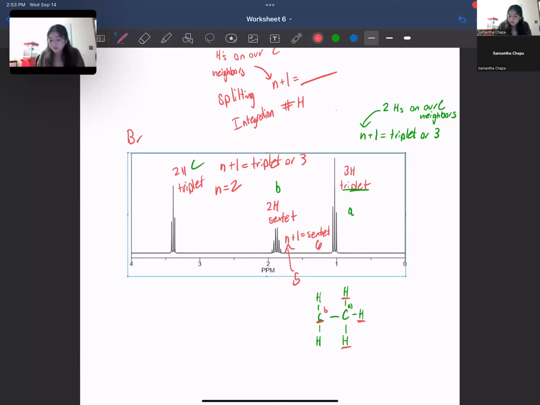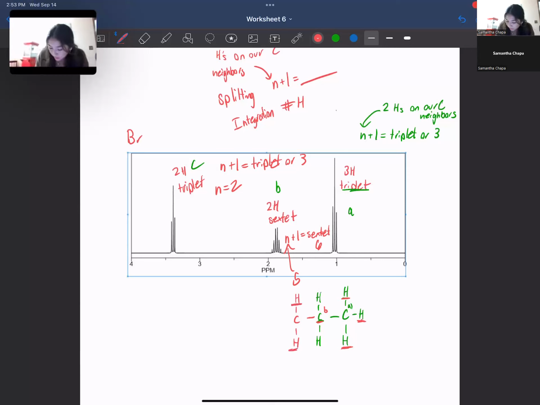Five neighbors. So then I'm going to draw another carbon right next to it with 2 more neighbors to complete those 5. So 1, 2, 3, 4, 5. This is the sextet, and we just confirmed that. Okay.